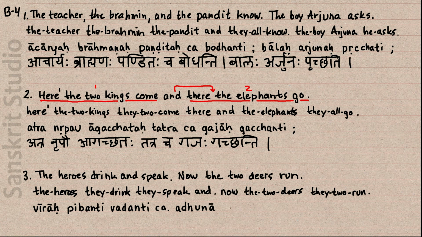Okay, so now the two deers. So mrigaha is one deer, but two deers become mrigau. And those two are running.